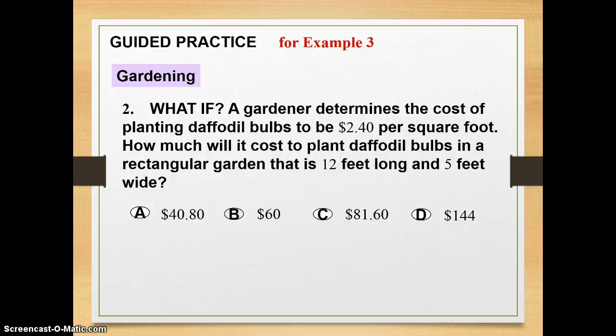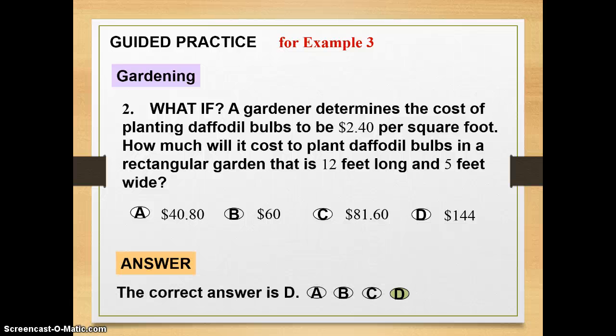Since the cost is $2.40 per square foot, we're going to multiply our area, 60 square feet, by $2.40. This will give us $144. So our answer choice is D.